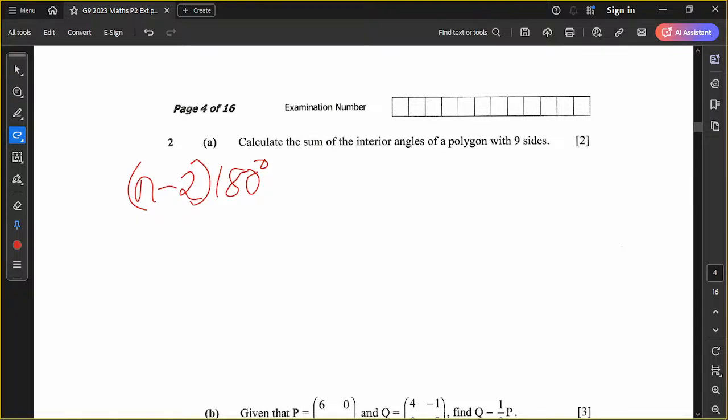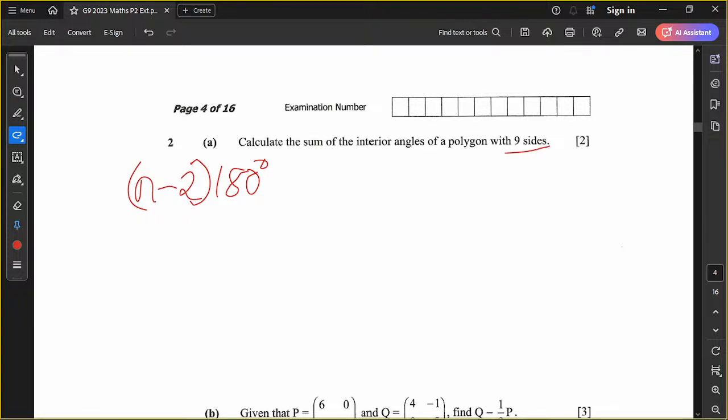A rectangle has 4 sides and 4 angles, a pentagon has 5 sides and 5 angles. So you can use either. Now we are given 9 sides.